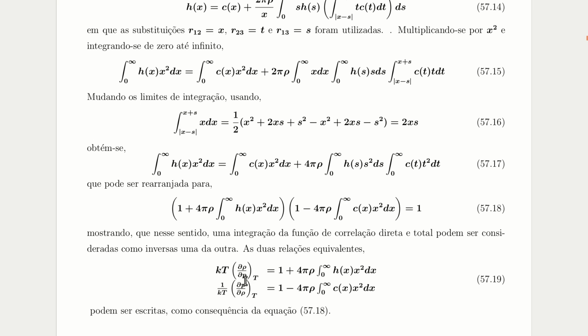Because if you multiply one by the other, it's going to have to be 1, and if you multiply this one by this one, you're going to have 1 as well. So it's just a simple example of how to use the consistency equation. All the models have to satisfy equation 18, which I did here for one dimension.